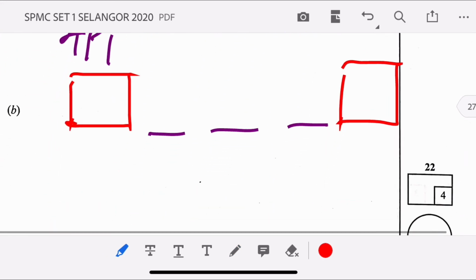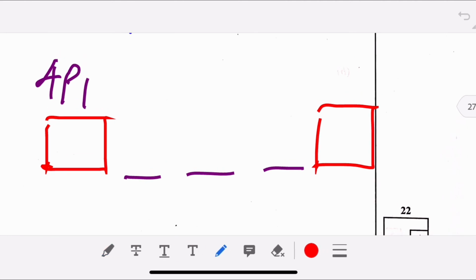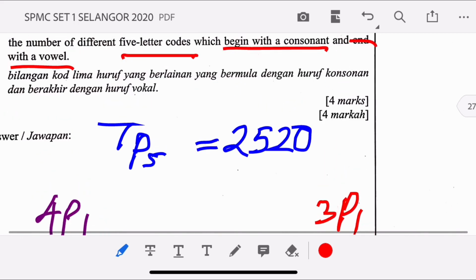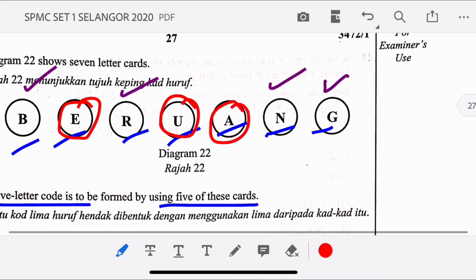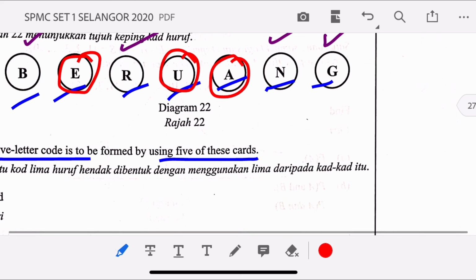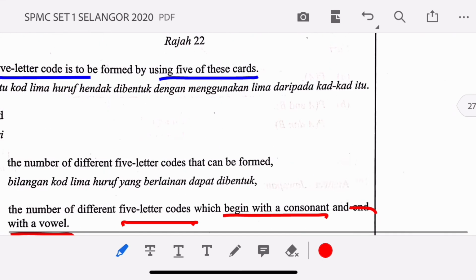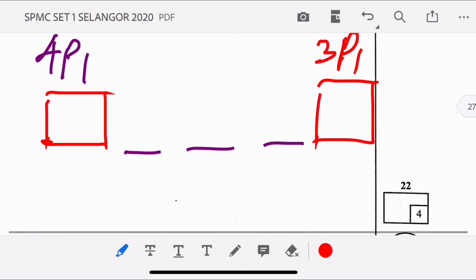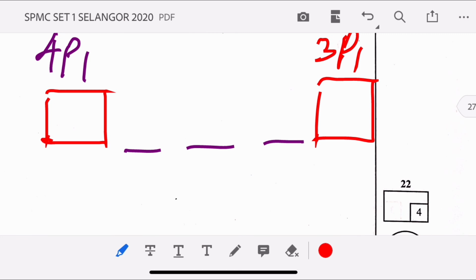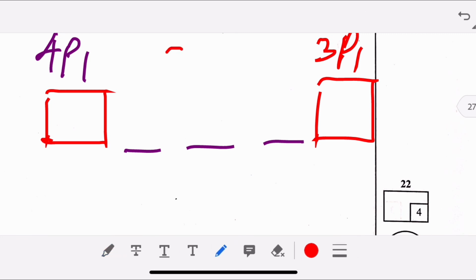So we have 3P1. Out of how many have we used up? Out of 7, we have used 2, so it becomes 5 balance.